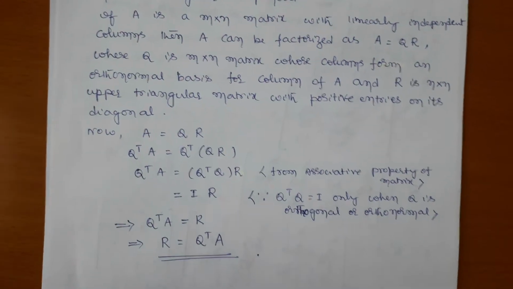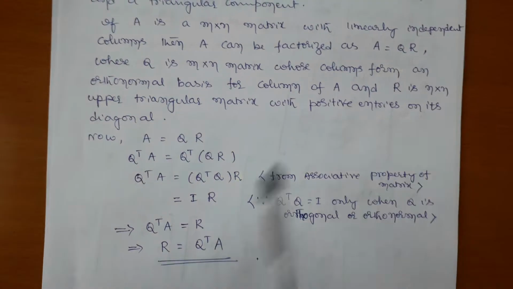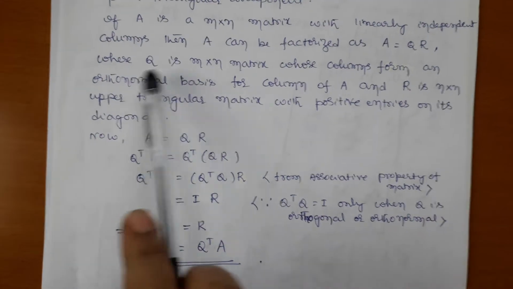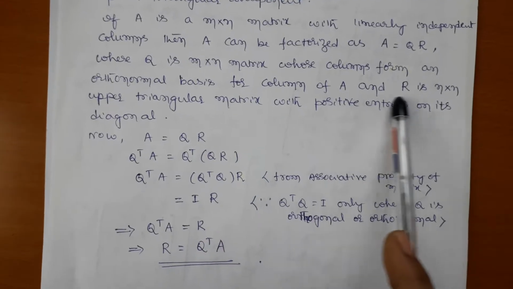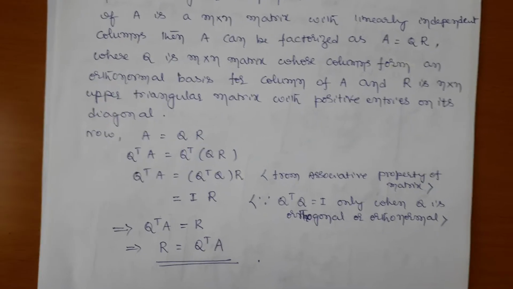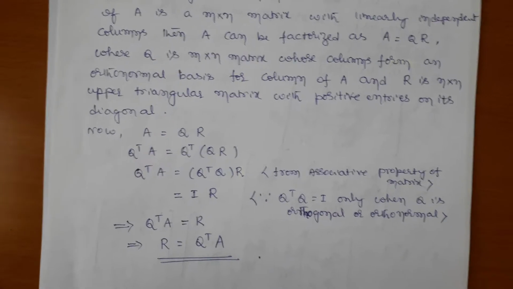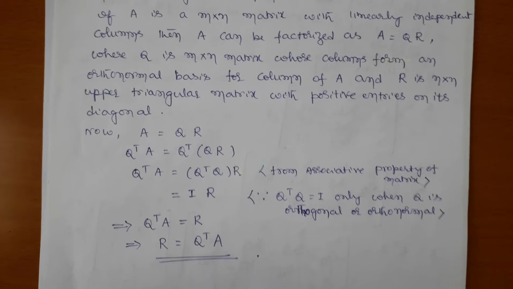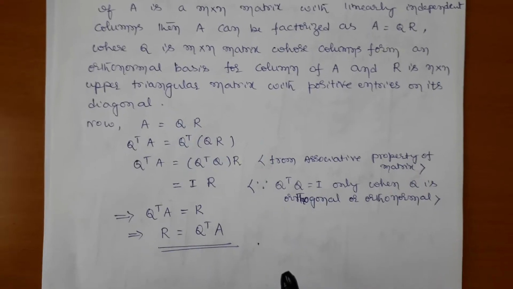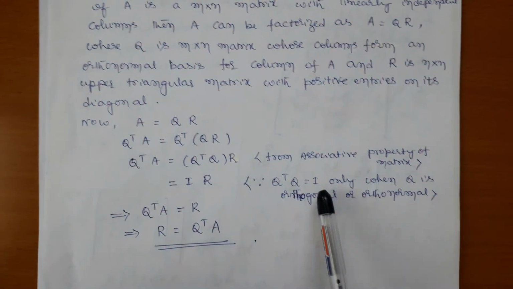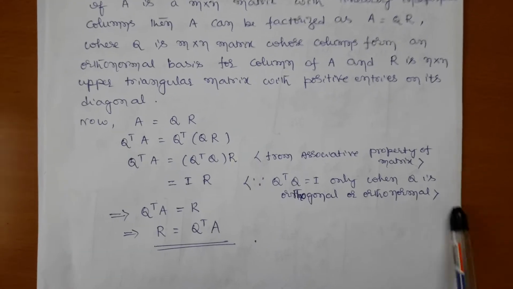I'll write this as I, because Q is an M cross N matrix whose columns form an orthonormal basis for the columns of A. Each column is an orthonormal basis, which means it must be orthogonal. Whenever a matrix is orthogonal, from the basic concept of matrices, Q transpose into Q is equal to the identity matrix, only when Q is orthogonal or orthonormal.